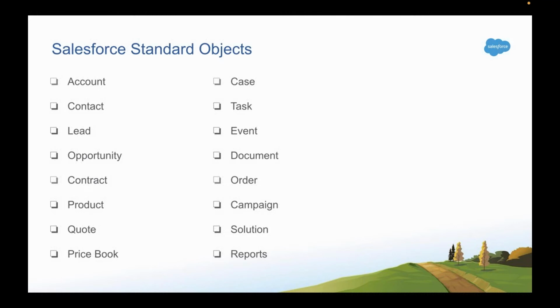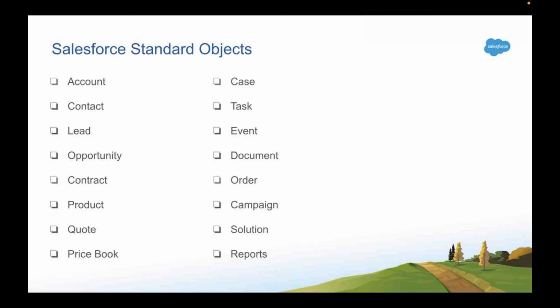Before that, we have some Salesforce standard objects. As it's a CRM, it offers some standard objects for every org. For a developer org, we will have most of the objects by default, based on the license.